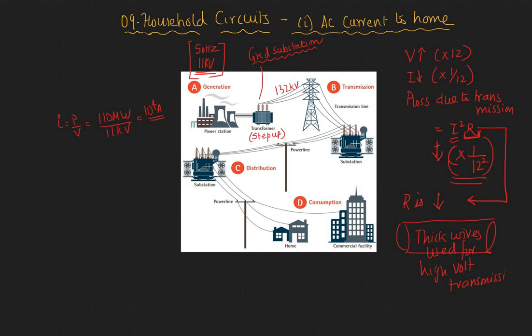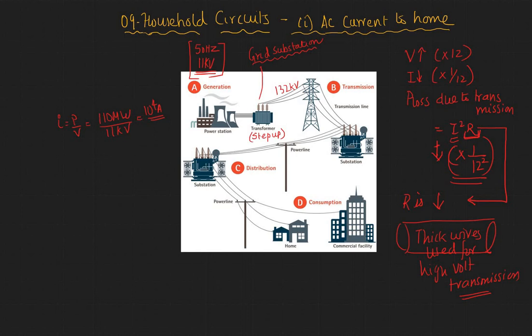Since we're carrying it for a long distance, we use very thick wires to reduce the resistance, to reduce the power loss, and we are also trying to increase the voltage for the same reason, to reduce the power loss.